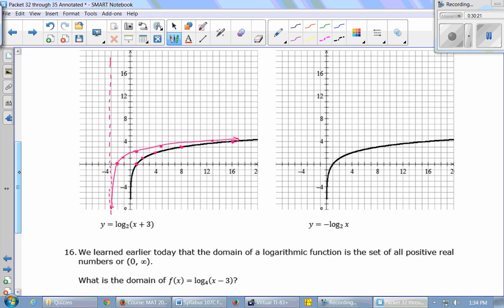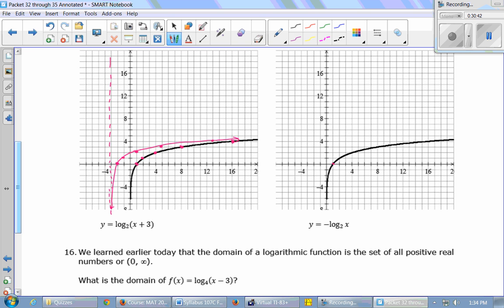All right, so for the next one, if I want to graph negative log base 2 of x, what kind of transformation is that? It's a reflection over the x-axis, because that negative is outside the log function. So reflect over the x-axis.